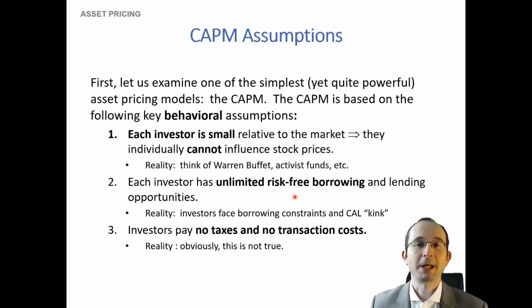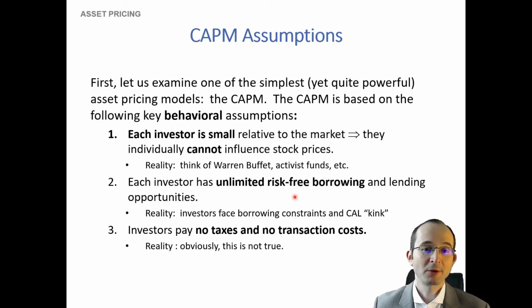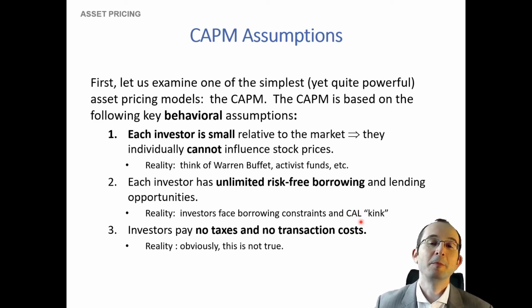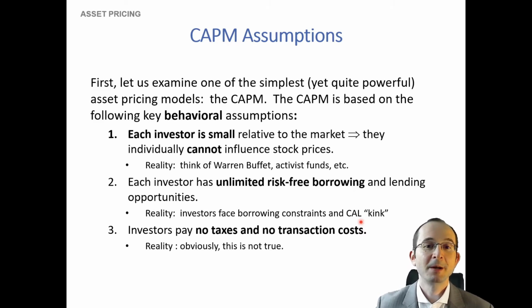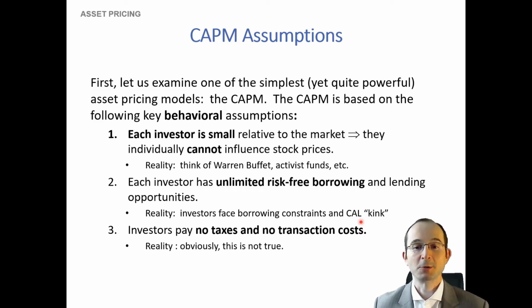Well, they probably can't issue those treasury securities. So there might be a kink in the CAL, simply because the borrowing rate is going to be different from the risk-free lending rate. So again, not necessarily a 100% realistic assumption, but one that does apply to certainly some large institutional investors.